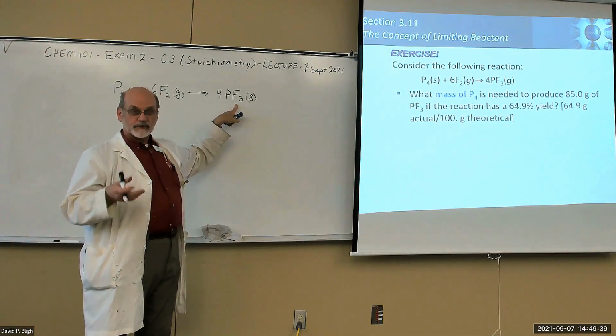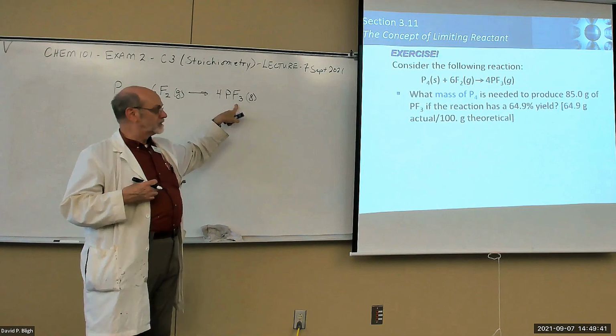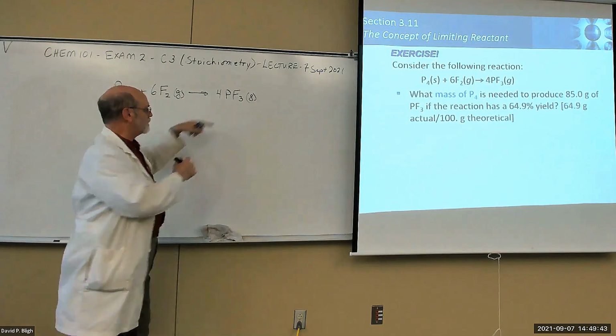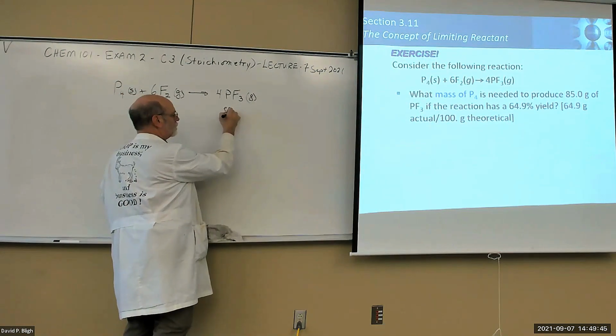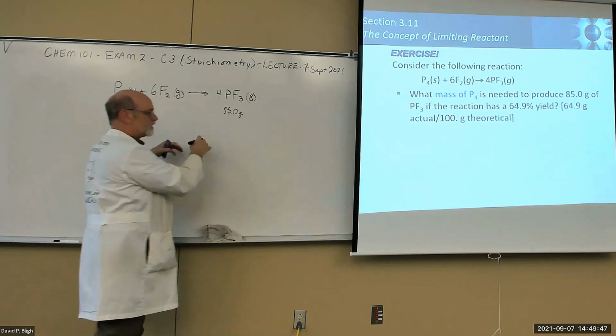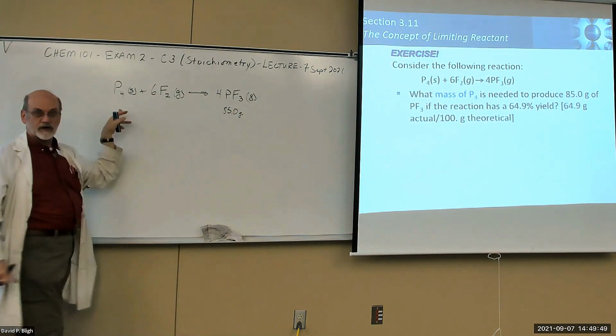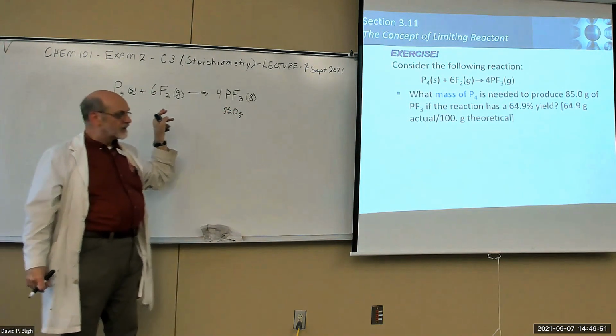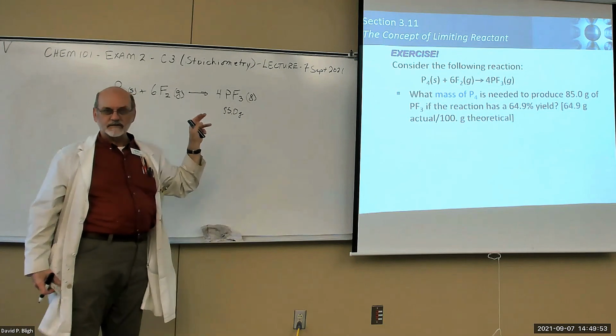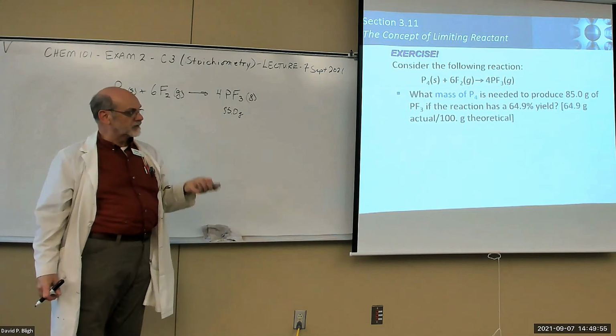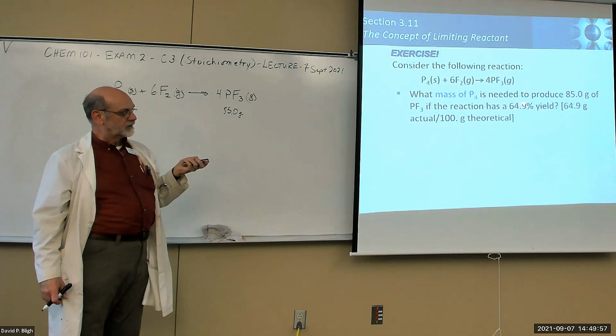Well, if it was 100% efficient, that'd be simple. We just put 85 grams, and then we do our molar calculations and find out how much. Problem is, there's an efficiency with this. There's a yield factor of 64.9%.